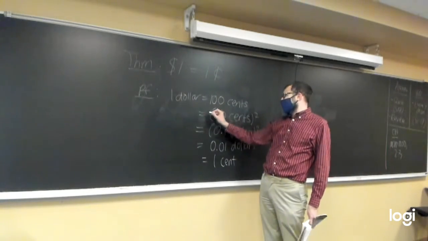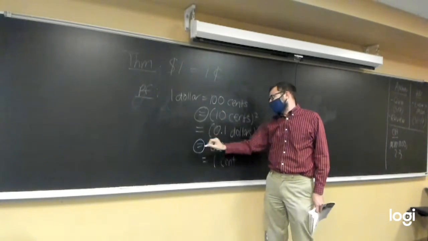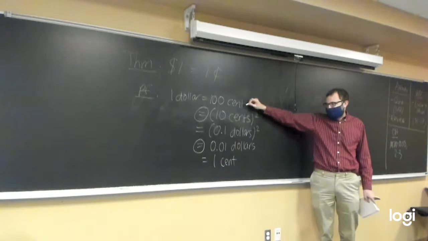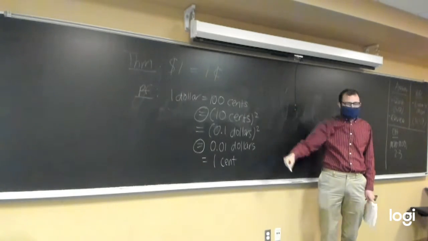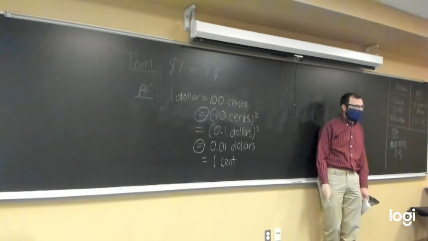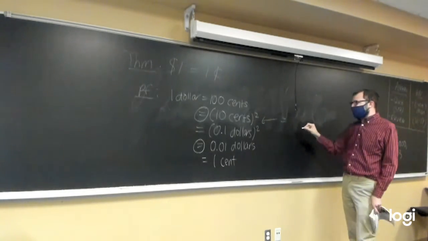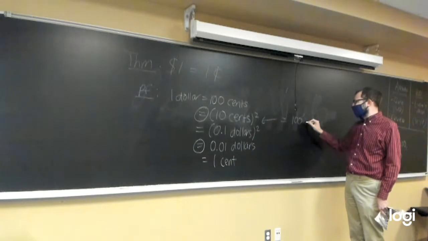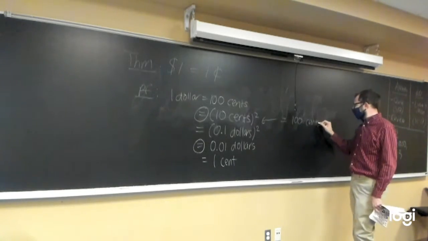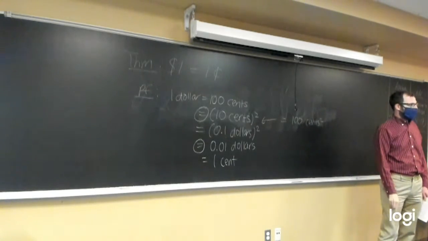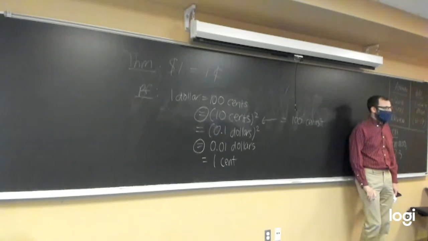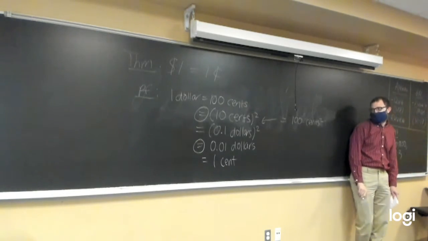Good catch, Jack. Yeah. There are a couple of issues here, namely that in the units, 100 cents is not equal to 10 cents squared, because 10 cents squared is really going to be equal to something like 100 square cents. Whatever that is. Not your typical unit of money.